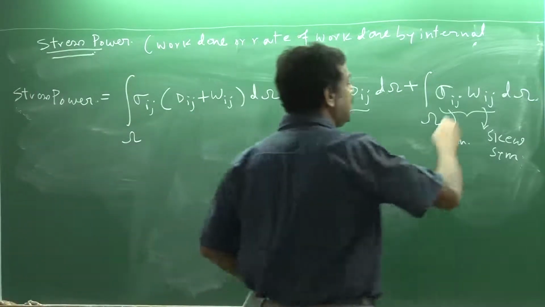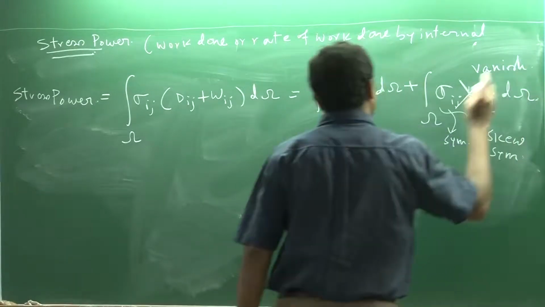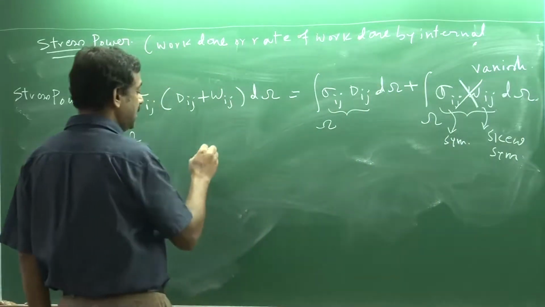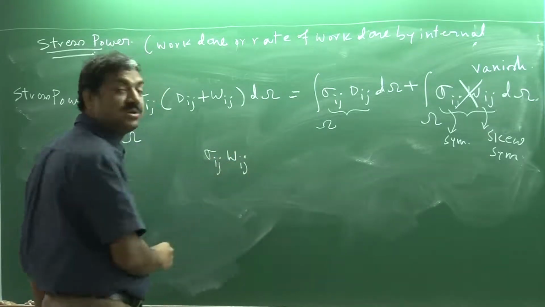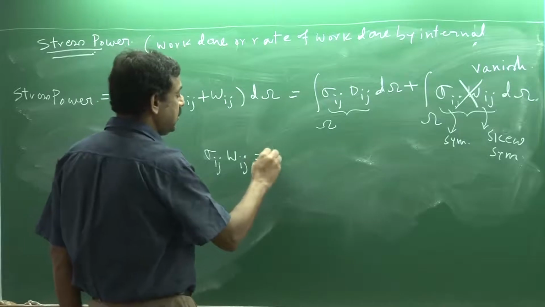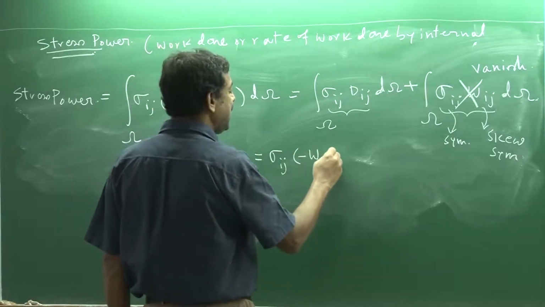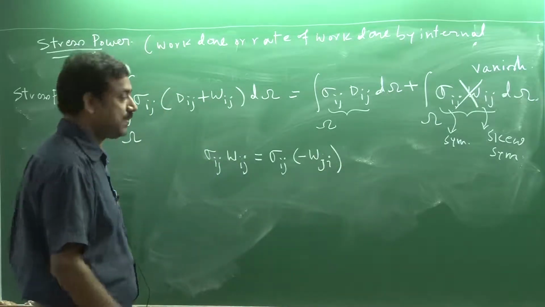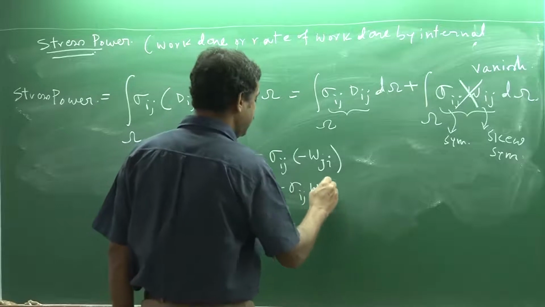This will vanish. Why? I am proving it. Sigma_ij is symmetric, and W_ji is nothing but minus W_ij. So, it is minus sigma_ij W_ji.